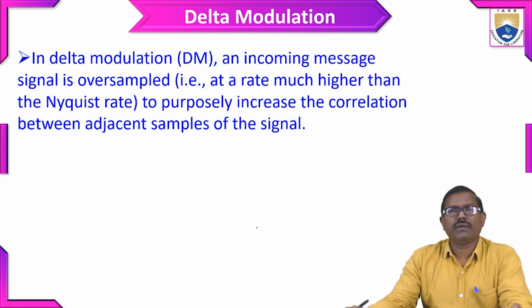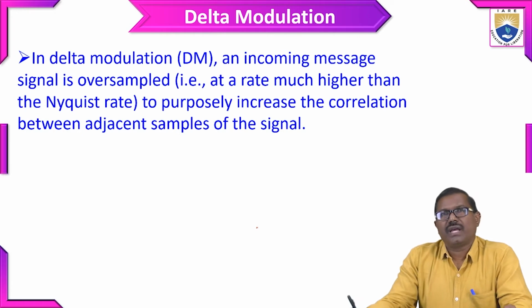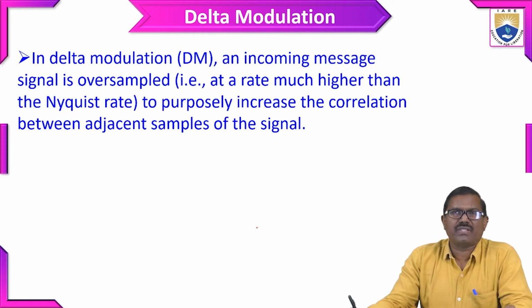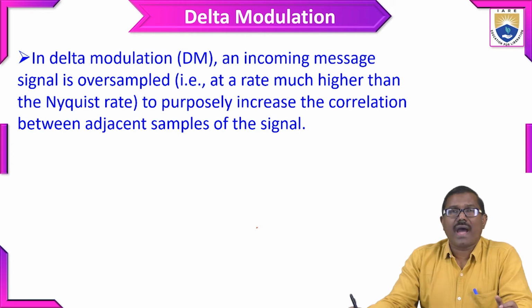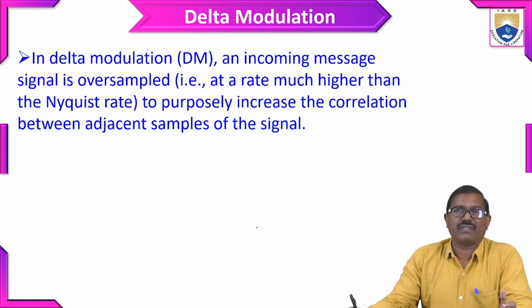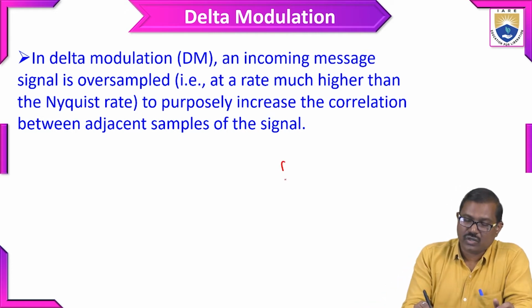What happens in delta modulation? An incoming message signal is oversampled to purposely increase the correlation between adjacent samples of the signal. Oversampled means the rate is higher than the Nyquist rate. You know that Fs equals 2Fm is the normal Nyquist rate; here the sampling frequency is greater than 2Fm.